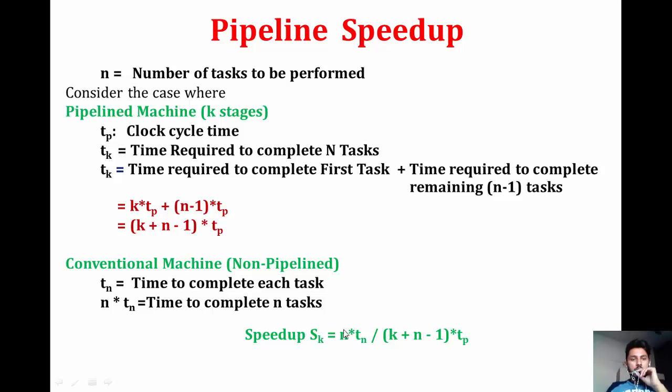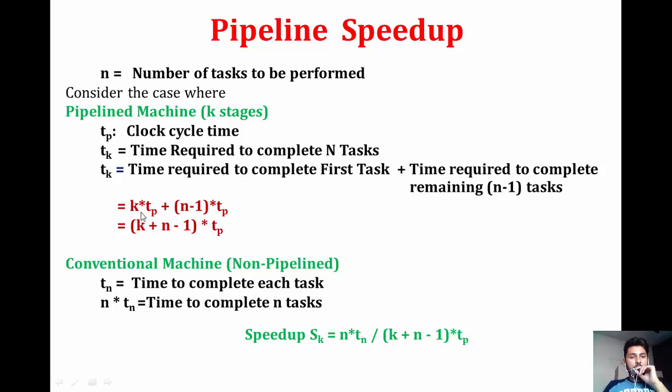It can also be evaluated as the time required to complete the first task plus the time required to complete n minus 1 tasks, right? The number of tasks is 4, so n minus 1 is 3. Now these are the equations.